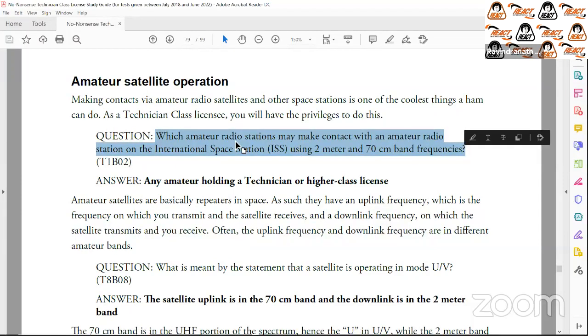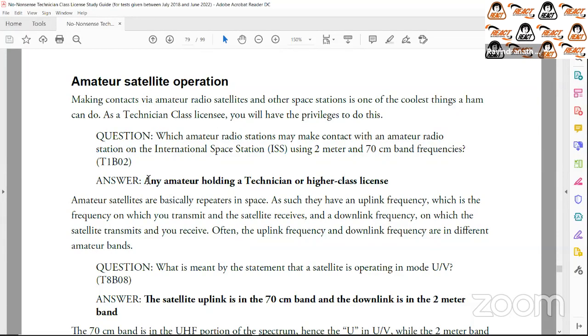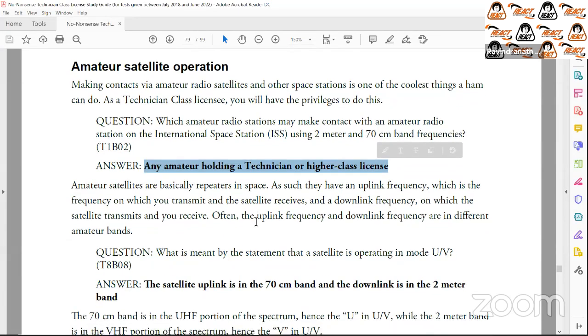There's a new crossband repeater, or at least a reactivated crossband repeater in the ISS as of September 2nd. So guess what? You have a space station you can communicate with now. So getting back to the question, the answer is any amateur holding a technician or higher class license. In other words, once you sit your exam and you pass and you get your FCC certificate, your ARL certificate, and you go to TATT and get your basic class license, guess what? You can communicate using the ISS. Yes, you can.